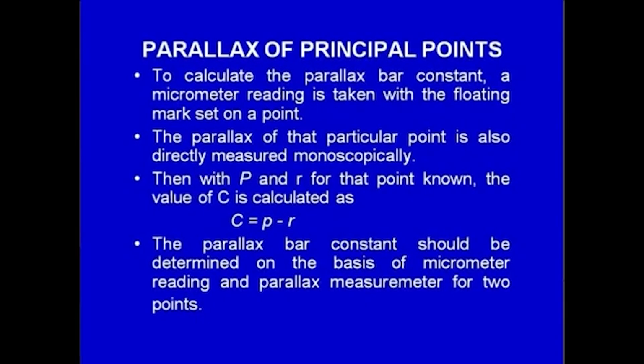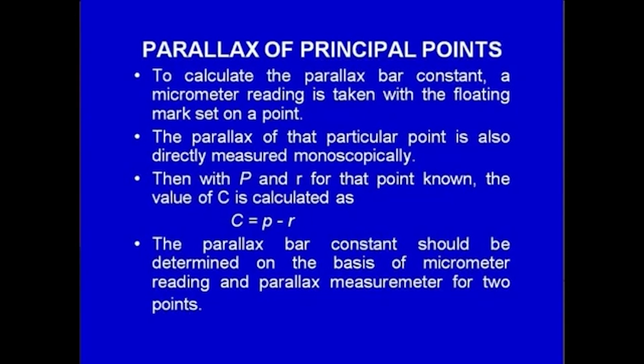Let us now look at the computations of the parallax of principal points. To calculate the parallax bar constant, a micrometer reading is taken with the floating mark set on a point. The parallax of that point is also measured directly, monoscopically.